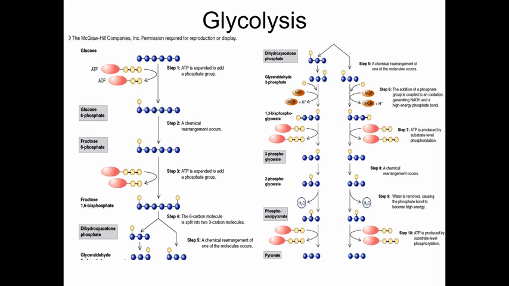What's our starting material here? Glucose. Glucose, okay? So we're starting with glucose. Now, in order to work through this process, you actually need to break down 2 ATP in order to get this started.